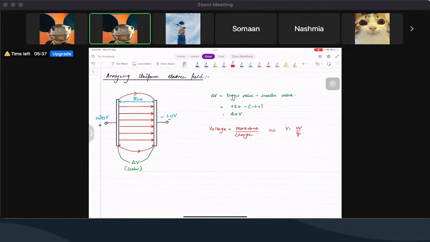Now what I can do is write work done as force times the distance over the charge, because work done is essentially force times the displacement. Distance is this d. Okay, so now if you look at this section, what do you see here? Have you seen anything like this?